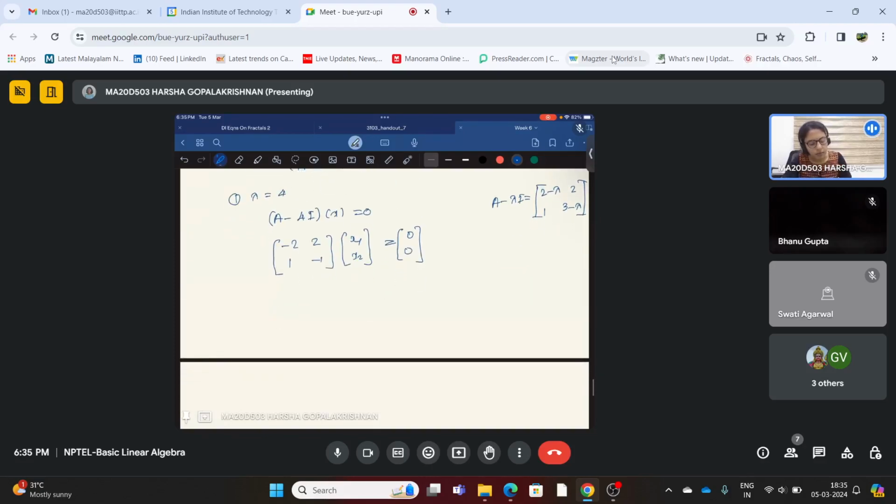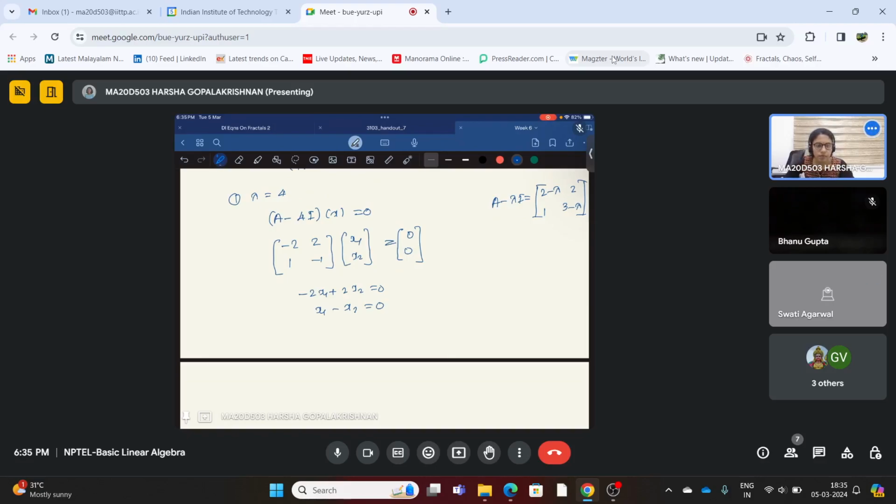From this, what we are getting is minus 2x1 plus 2x2 equal to 0 and x1 minus x2 equal to 0. Actually both of these equations are the same, right? One is a multiple of the other. If I multiply the second row by minus 2, I will obtain the first row.